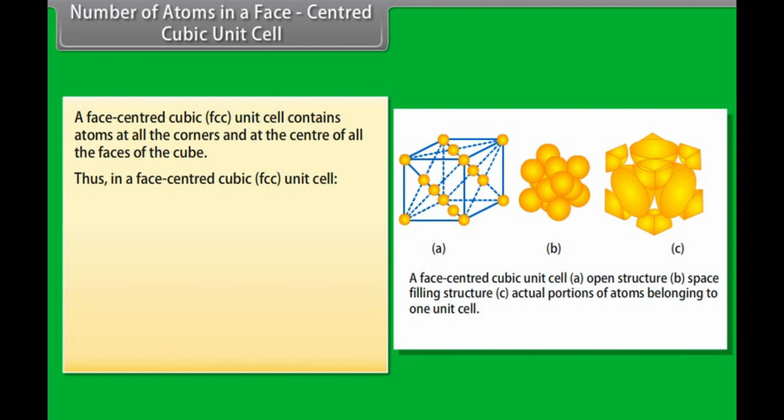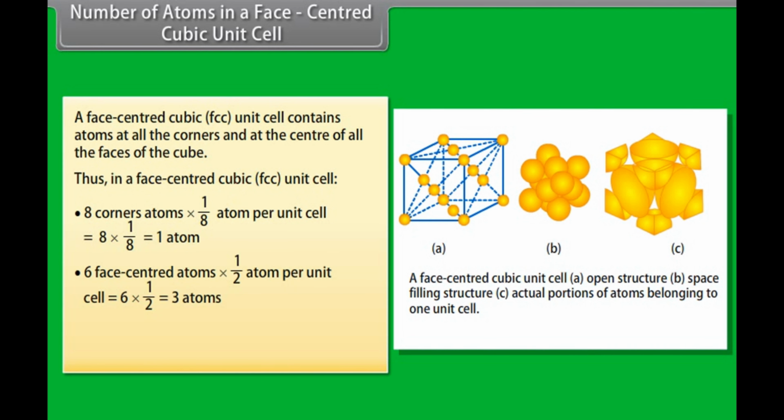Thus, in an FCC unit cell, 8 corner atoms into 1 upon 8 atom per unit cell equals 1 atom. 6 face-centered atoms into 1 upon 2 atom per unit cell equals 3 atoms. Therefore, the total number of atoms per unit cell is equal to 4 atoms.